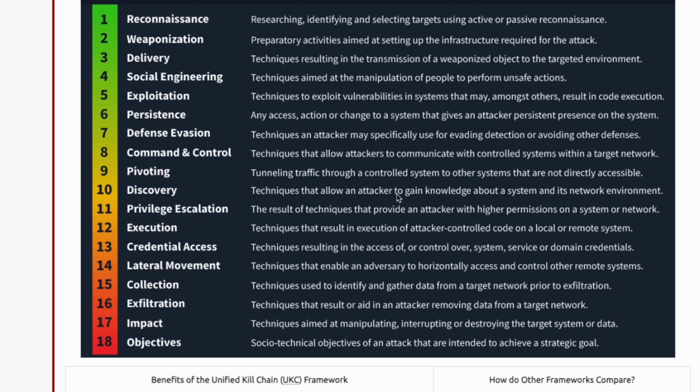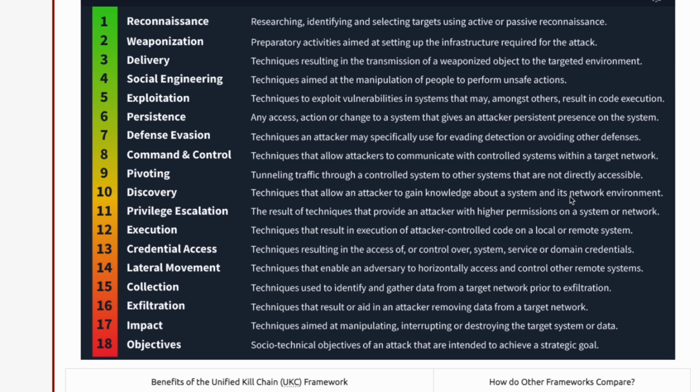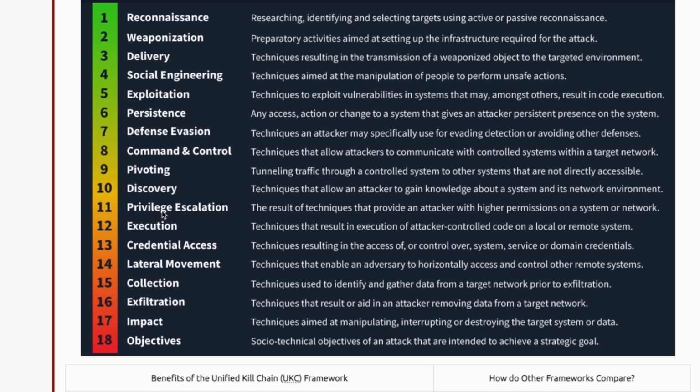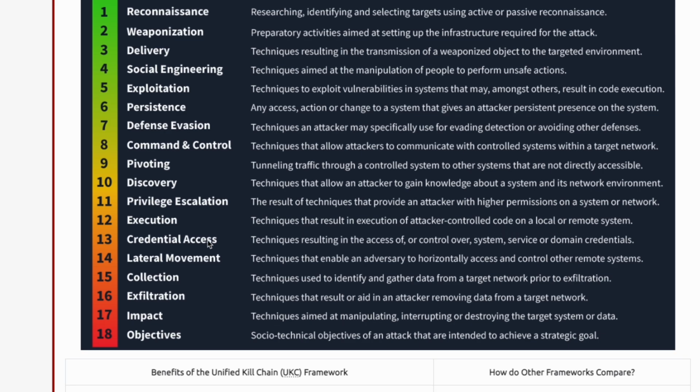Discovery allows an attacker to gain knowledge about a system and its network environment. So discovery is similar to recon, but now you're in the network, right? Privilege escalation takes you from one user to another user that has higher permissions on a system. Execution is you finally execute your attack or control code on a local or remote system.